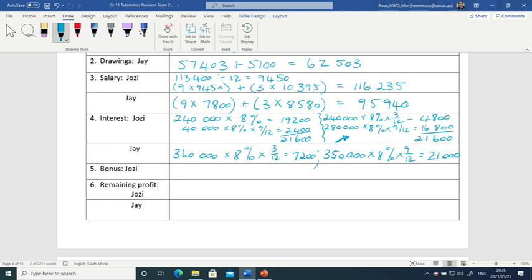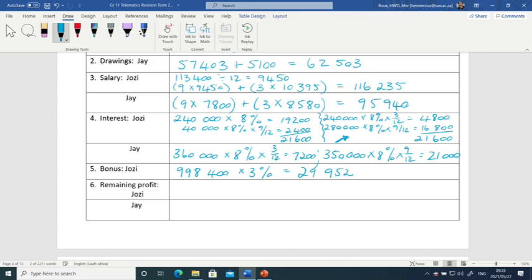So we've calculated that. While we are here, let's show you the bonus, because it was already completed there. They said that the bonus is 3% of sales, and the sales was 998,400, and 3% of that gives you the 29,952.